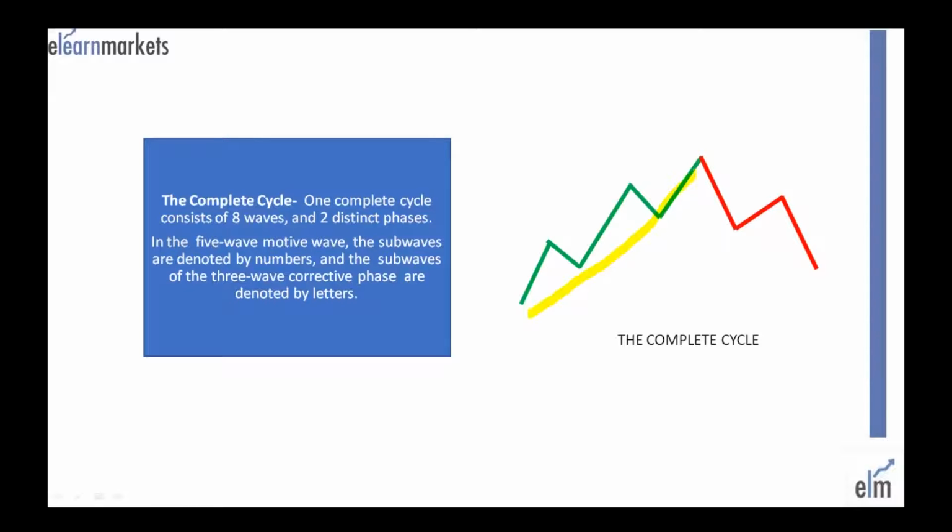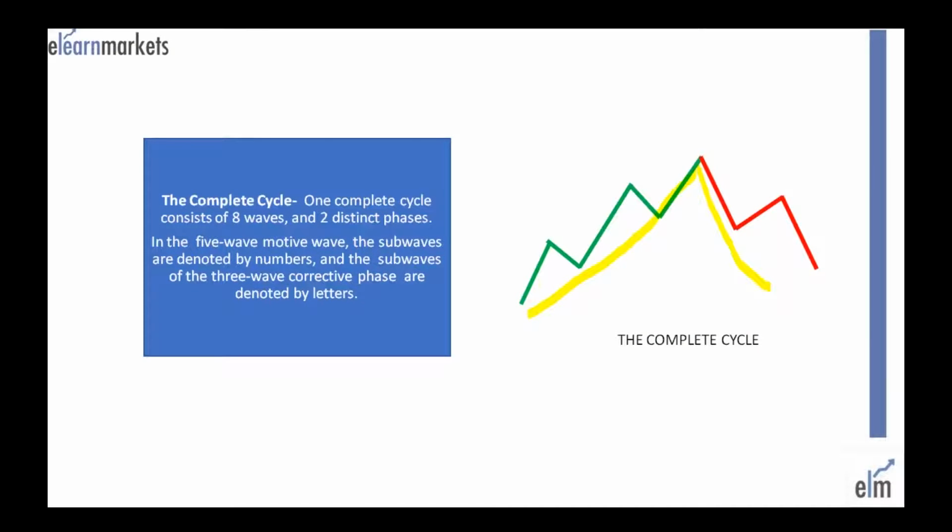The third tenet is a complete cycle. What completes one cycle? One complete cycle consists of 8 waves. We've studied 5 waves and 3 waves, 5 plus 3, 8 waves. If we bring together this motive wave and this corrective wave, what we get is one cycle. In a 5-wave motive wave, the subwaves are denoted by numbers and the subwaves of the 3-wave corrective phase are denoted by letters.